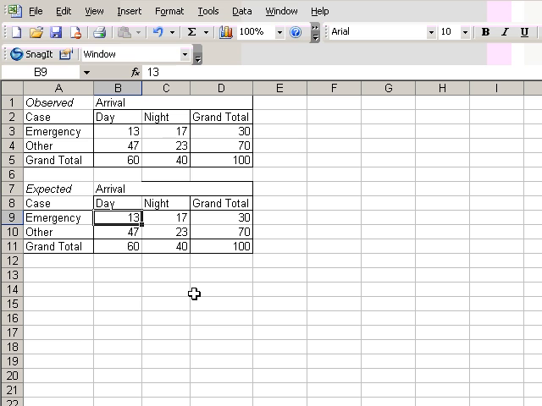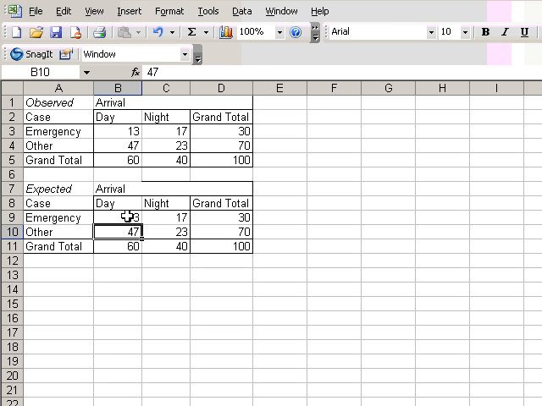The expected values are those values in these 4 cells that we would expect on the basis of this distribution in the marginals. What that would mean is that we would expect to have 30% of 60 in this cell and 70% of 60 in this cell, and so on.